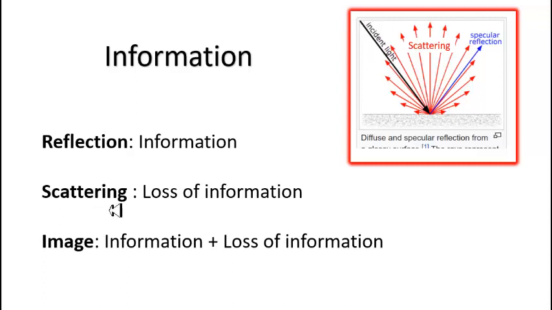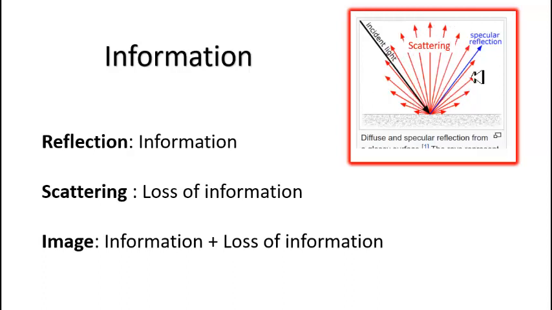So reflection is information and scattering is loss of information. So in a way, reflection and scattering are incommensurate principles. And the interesting thing is that most images, especially in the Ferrocell, are made of information plus loss of information, because there are going to be some imperfections in the Ferrocell that are going to create some scattering.